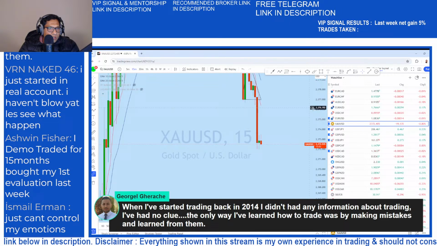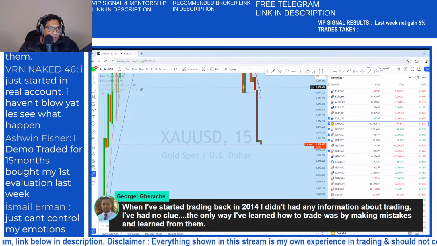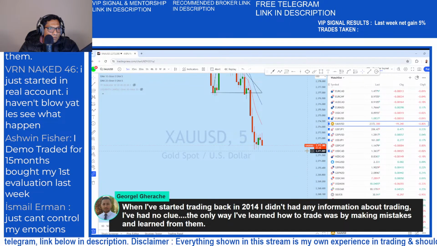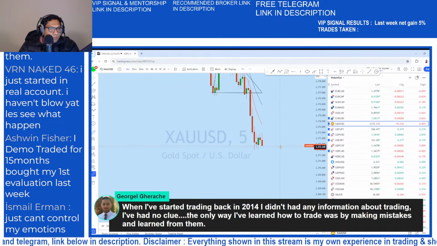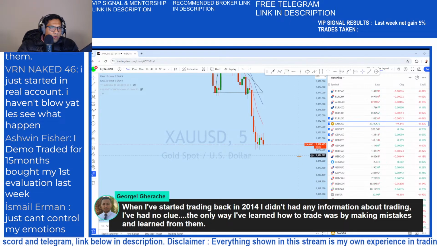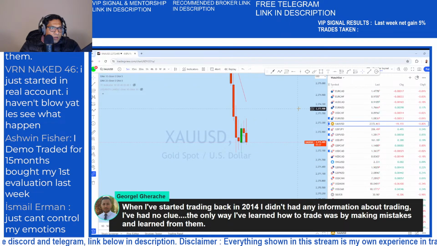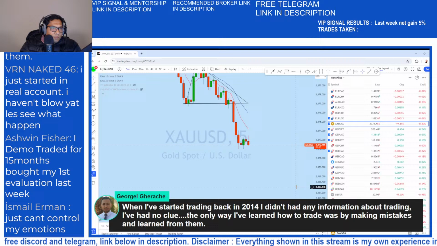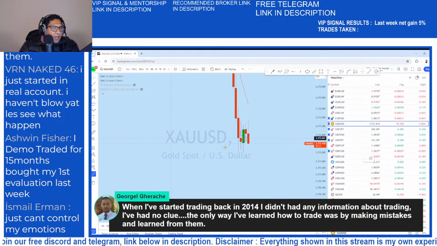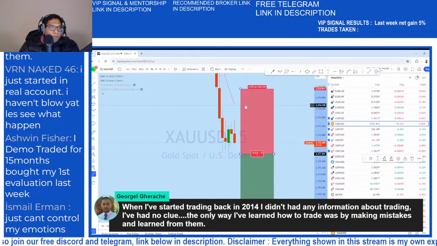So let's see what's happening here. There is a potential for bearish. Okay, so here I will be opening a trade with a sell stop, not a buy market.